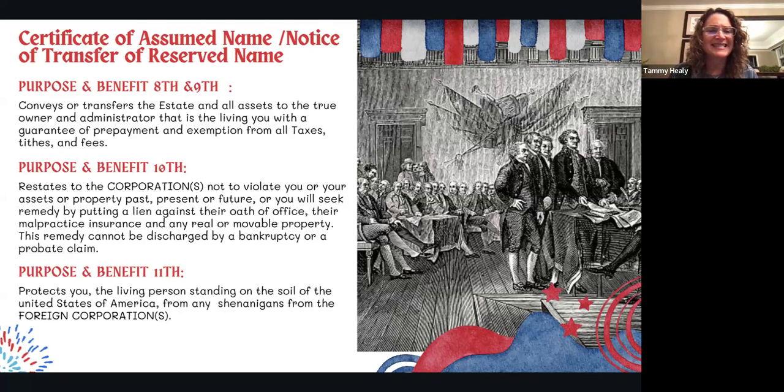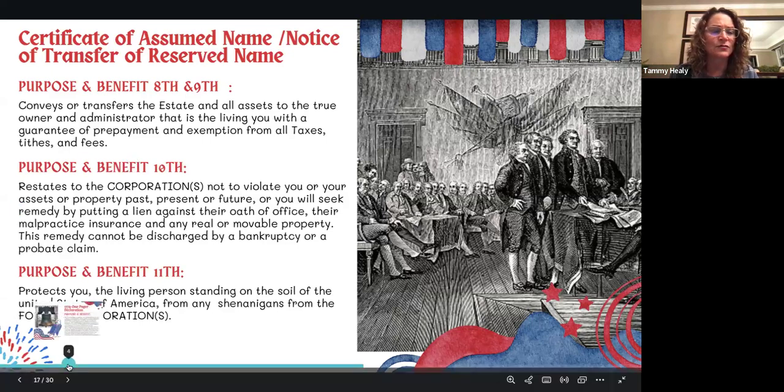Purpose and benefit of the 10th paragraph on this document, okay? It restates to the corporations not to violate you or your assets or property past, present, or future, or you will seek remedy by putting a lien against their oath of office, their malpractice insurance, and any real or movable property. This remedy cannot be discharged by a bankruptcy or a probate claim.